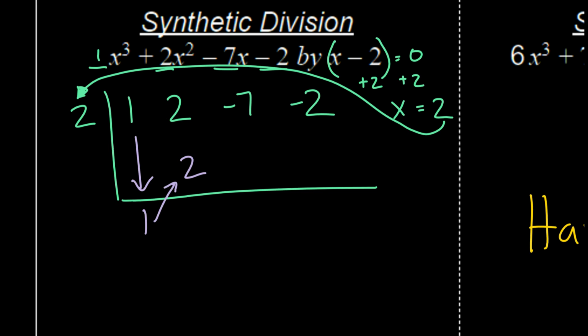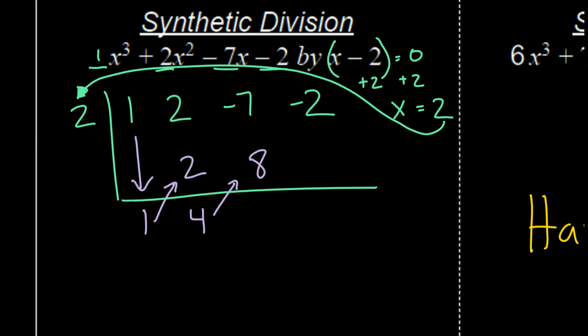And then everything that is in the same column inside of our house just gets combined. We're no longer subtracting, we're just combining here. So 2 plus 2 is 4. And then we repeat. So I multiply 2 times 4 and I get 8, and I place that inside my division house in the next spot.